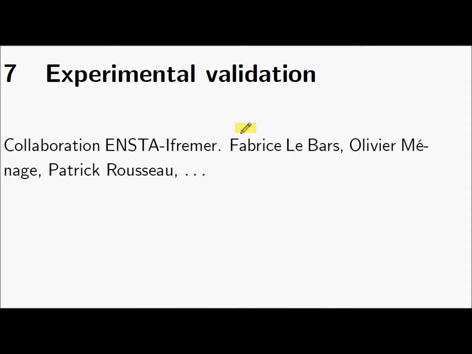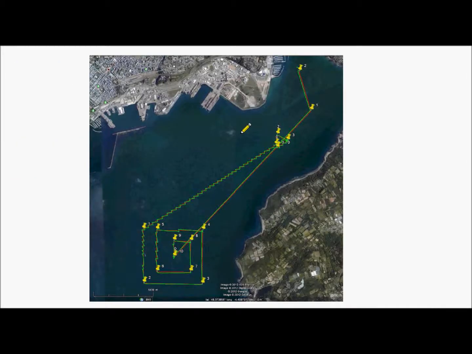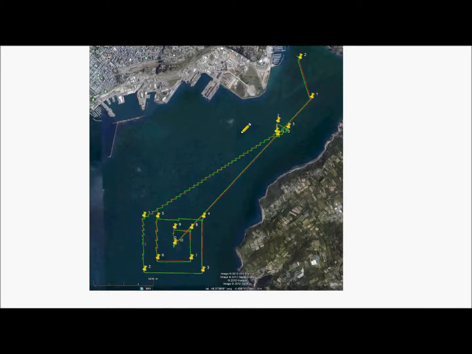What is important in robotics is also to have an experimental validation, just to validate the model and all the reasoning. So this corresponds to the collaboration between Einstein and Ifremer. And we can see here a picture of a trajectory that has actually been performed by vaimos.